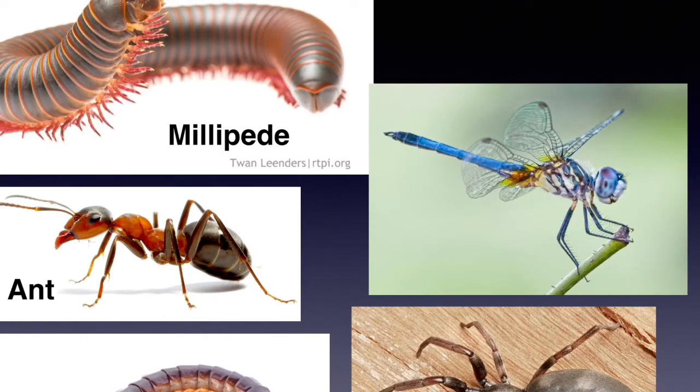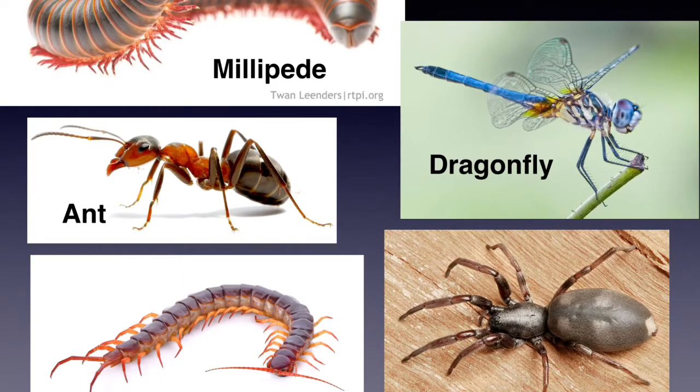Next to the ant, very lovely insect we see flying a lot of times near bodies of water. What is it? That is a dragonfly. And below the ant, very dangerous creature, painful sting.